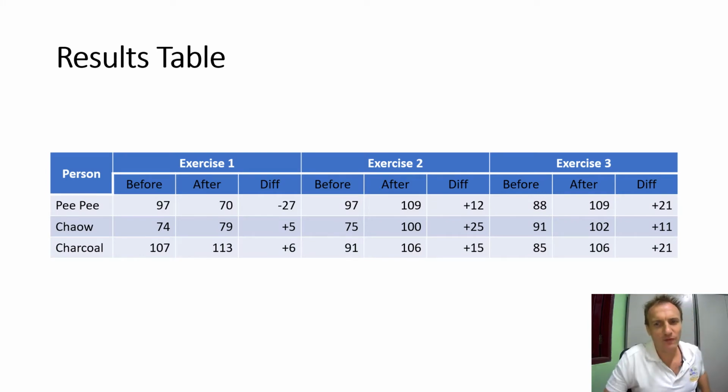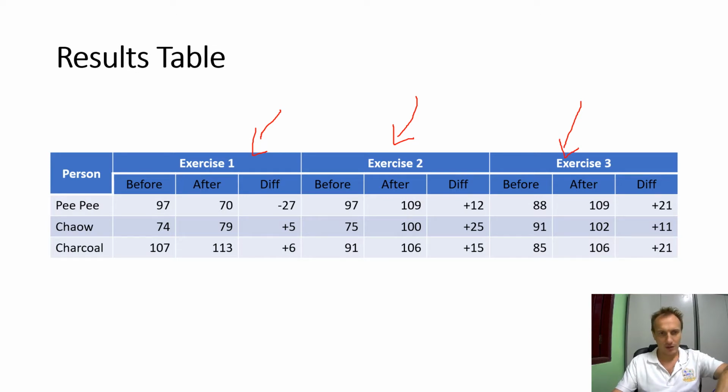Now, hopefully, as you've watched the video, you've seen the experiment with 3 different types of exercises: the walking, the jumping, and the running. So if you've watched the video, then you should have made a table like this. There are 3 different exercises, so I've put these along the top.